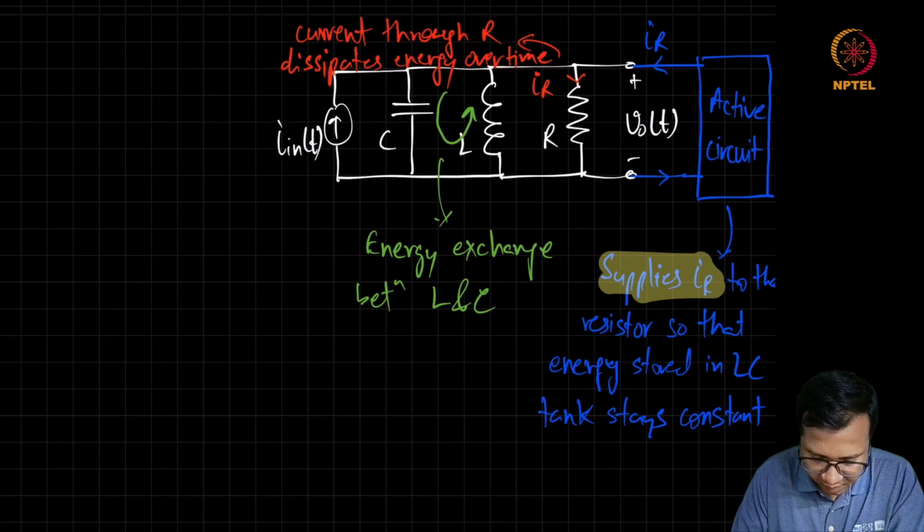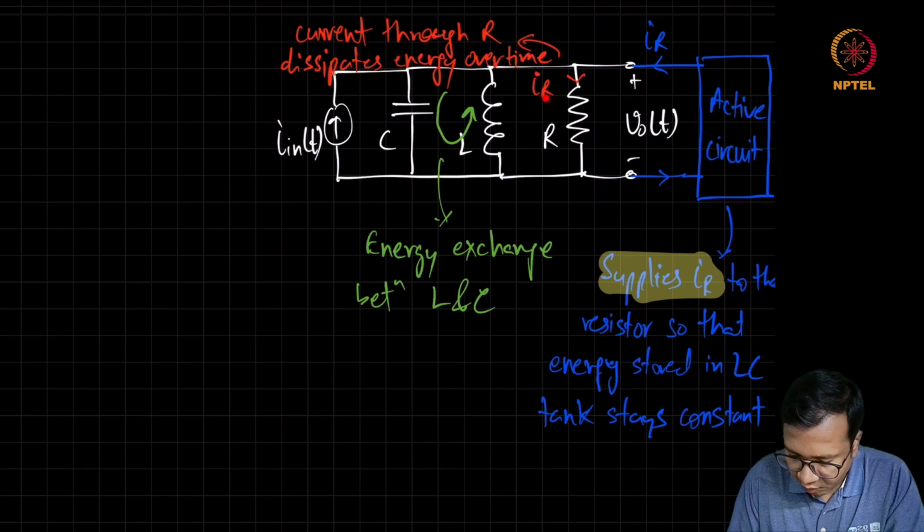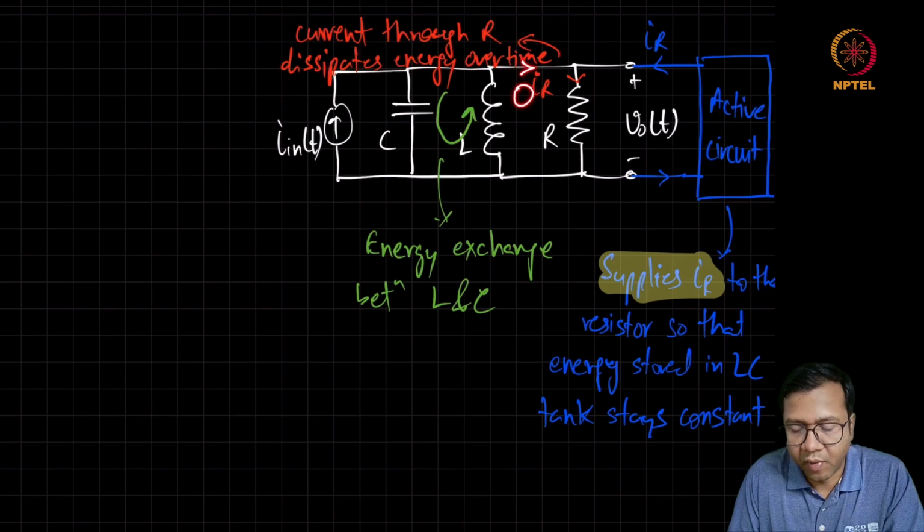Now we can see that if an equal amount of current comes from this side, then the current which is coming from this LC tank towards the resistor will become 0.